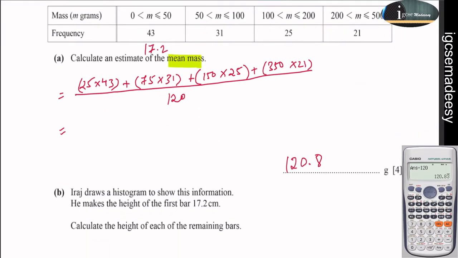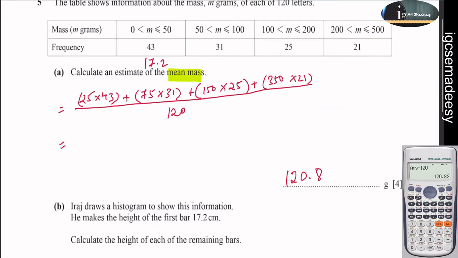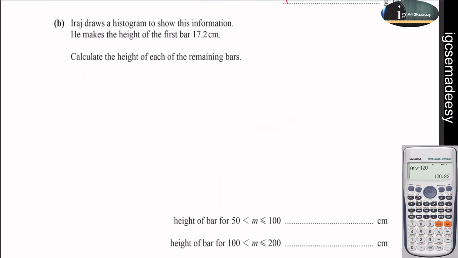He has multiplied by some value so that he got the height as 17.2. How can we calculate that? We can calculate by dividing the frequency by the class width. The class width, upper limit minus lower limit, is 50. So how did he get 17.2?